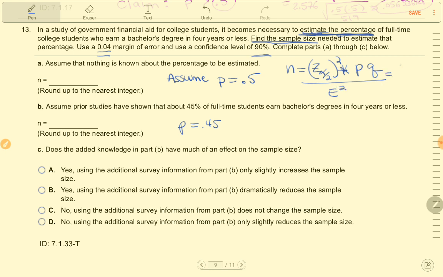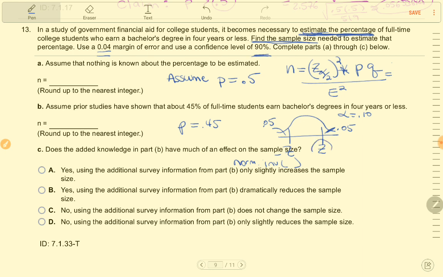So for this one, it's the 90% confidence has a z-score with alpha equals 0.10, so alpha half is 0.05 on each side. And the z-score I'm looking for, I can find the negative version using NORM.INV in Excel, or I can look it up in my negative z table.